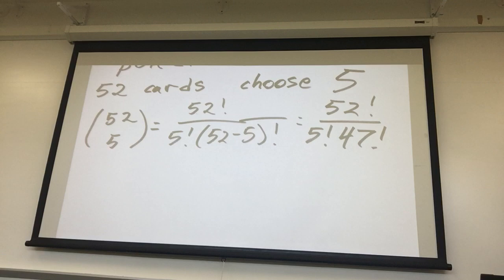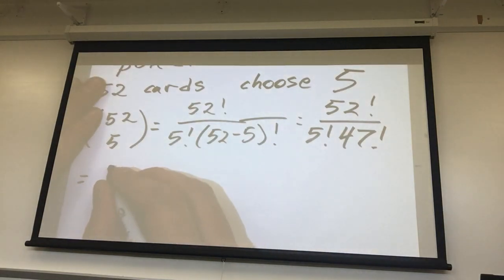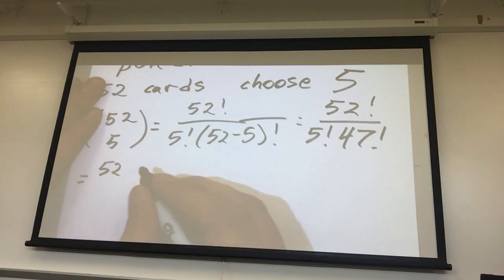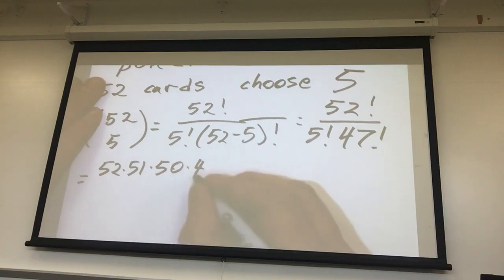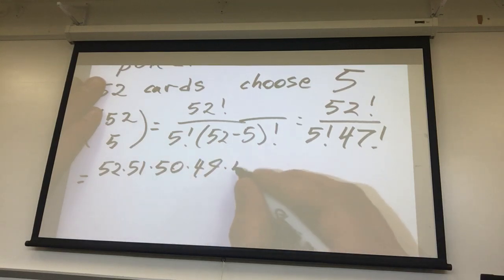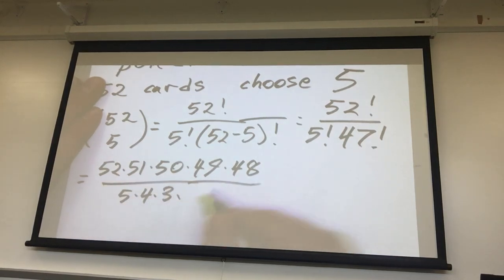Do some cancellation inside of here, and that becomes 52 times 51 times 50 times 49 times 48 divided by 5 times 4 times 3 times 2 times 1.